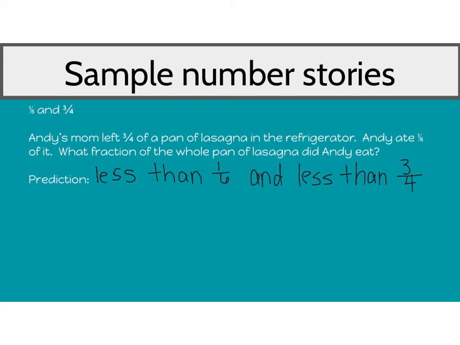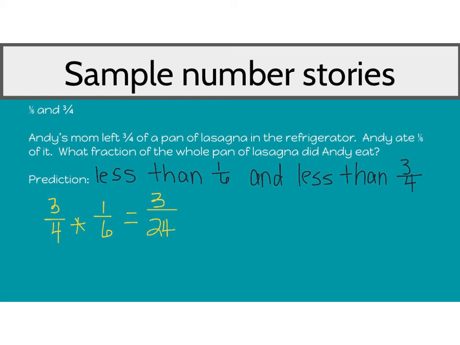Okay, and then we're going to go ahead and set up our problem. So if you haven't quite figured that out, we are going to take 3/4 times 1/6. And we're going to do our multiplication. So we will multiply 3 times 1, we get 3. And 4 times 6, we get 24.